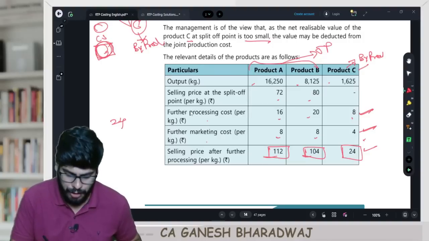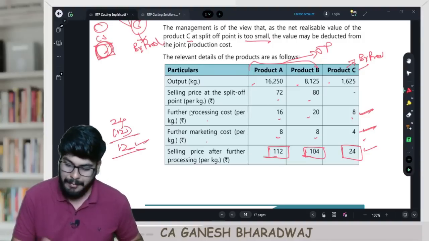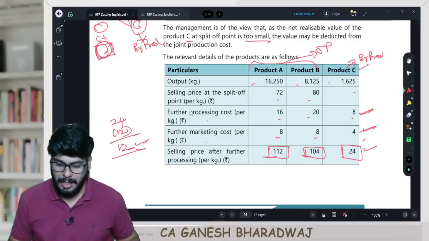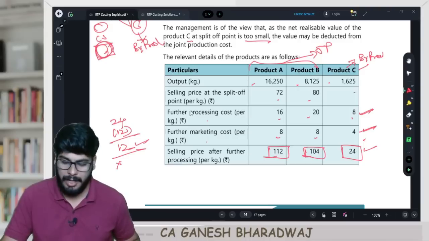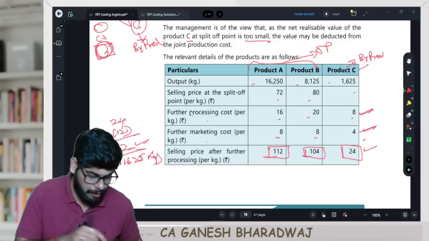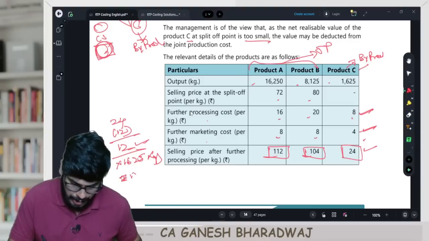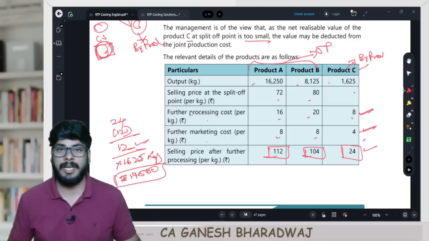So 8 plus 4 is 12 rupees. You reduce this 12. So technically speaking, the NRV that you get from byproduct C is going to be 12 rupees per unit. How many units of product C am I manufacturing? 1625, not units, it's in kgs. So 1625 into 12, how much is that going to be? 19,500 rupees is the net realizable value.